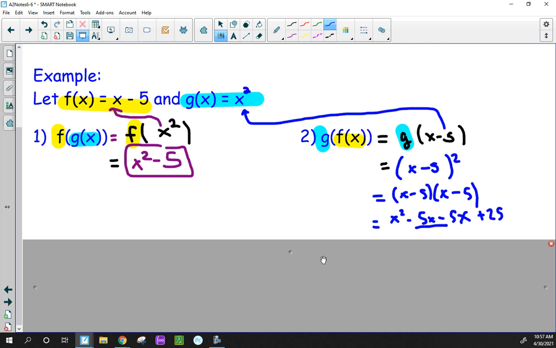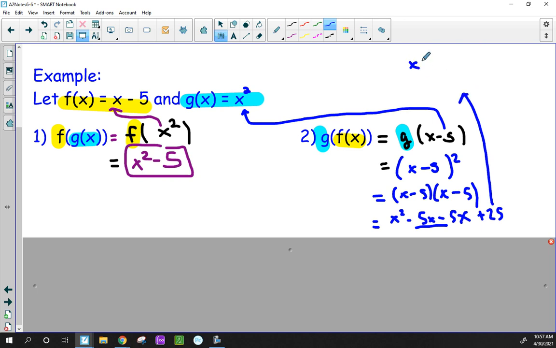The two in the middle look the same. You would then write x to the second minus 10x plus 25. And so this would be the composition of g of f of x. Here's my answer for question 2. Please notice how different these answers are.